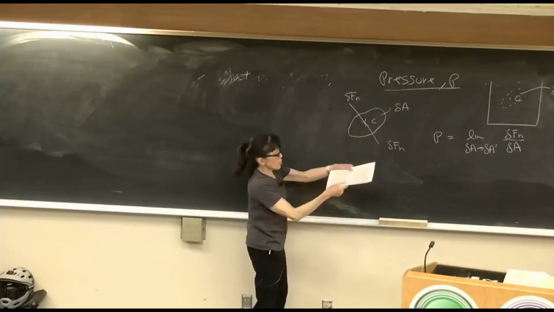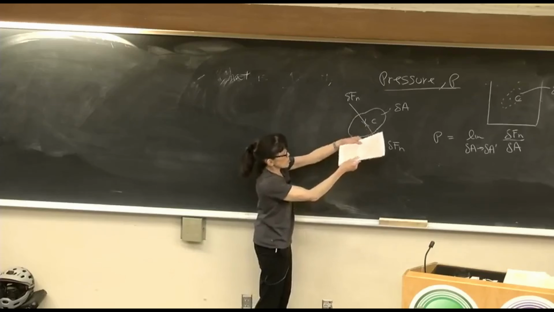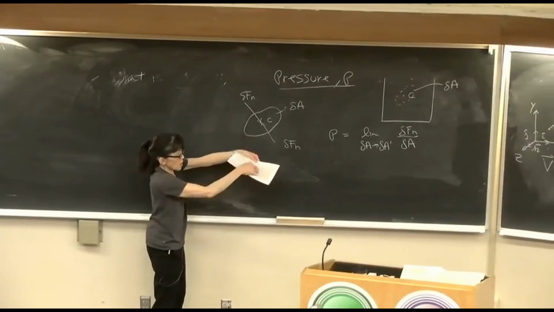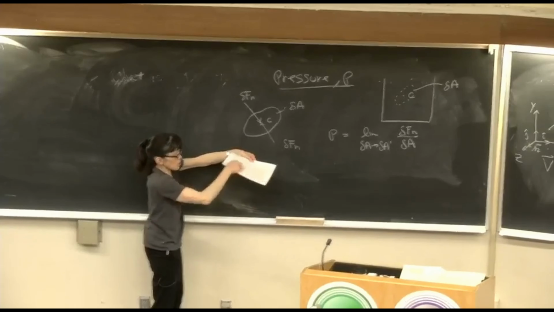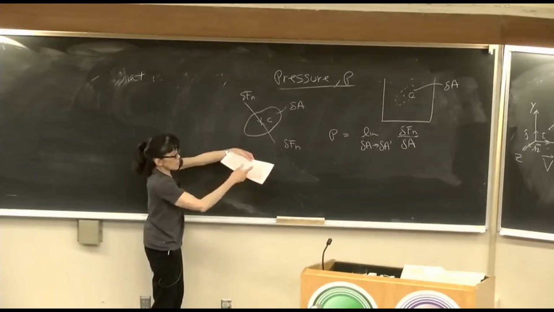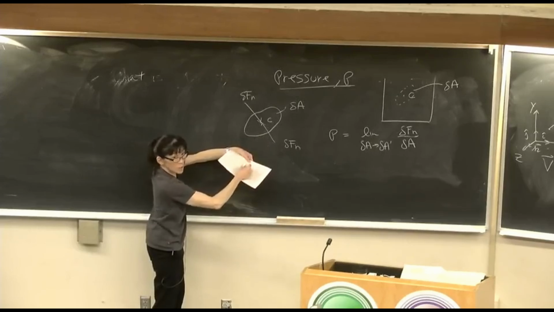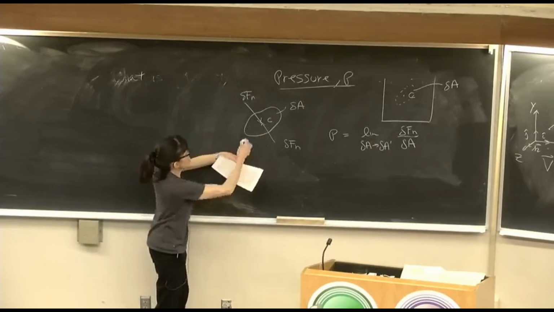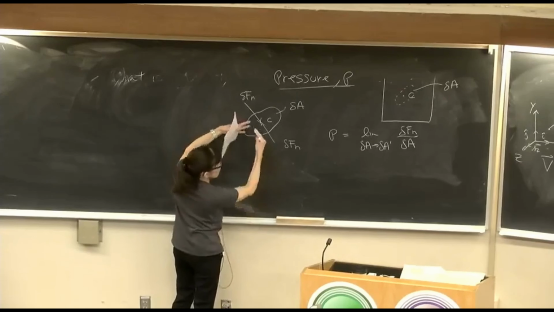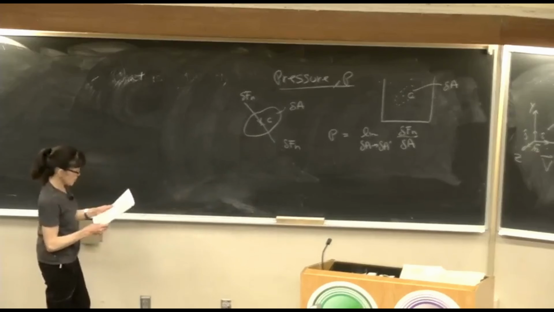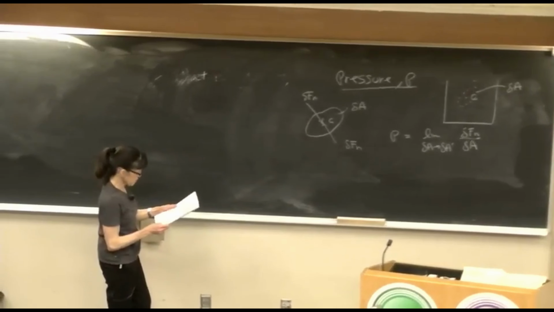And we can change the orientation of this area, but the pressure is just a scalar acting over that area, but the resulting force will always be acting towards that surface. And so the pressure is a compressive stress. It results in a compressive or normal stress.